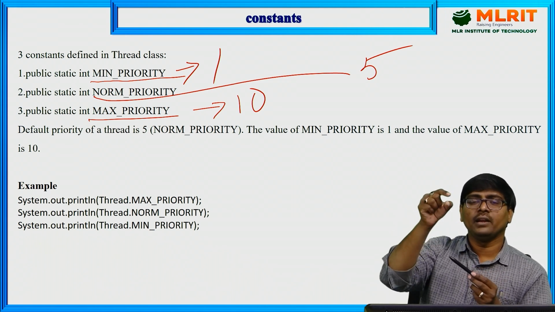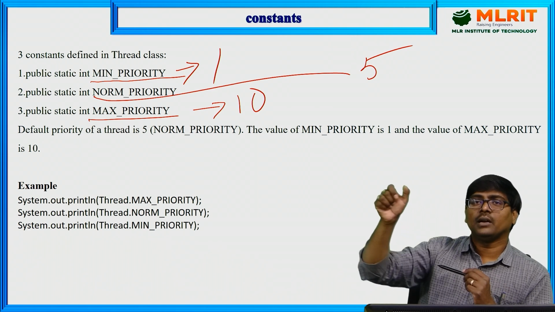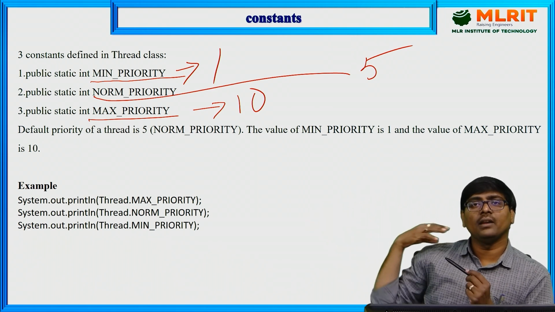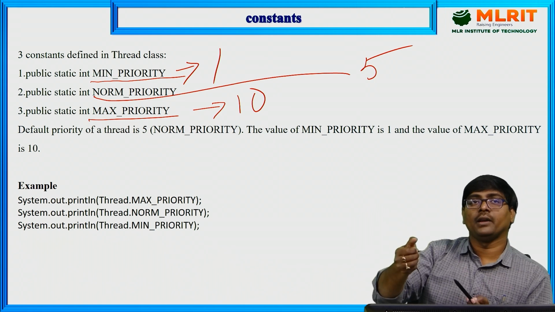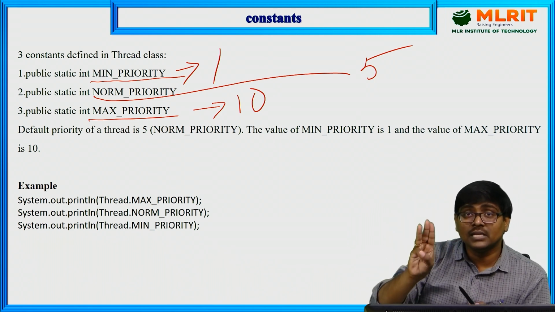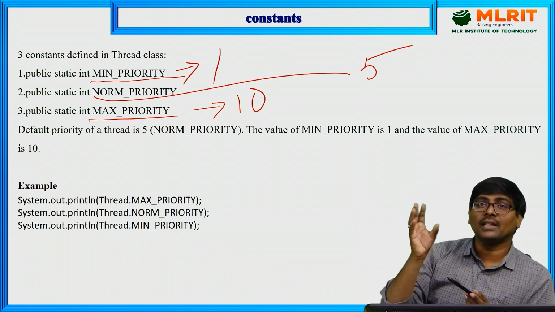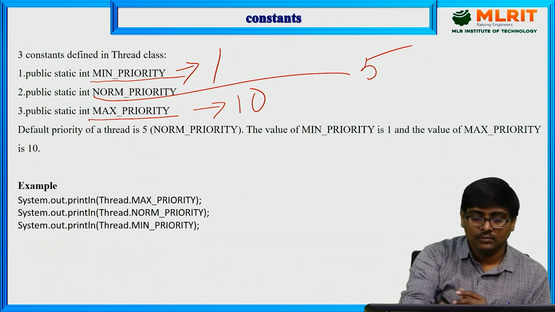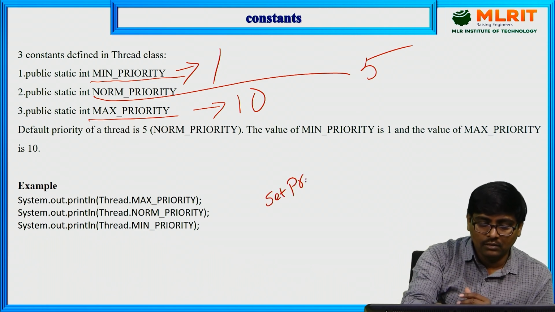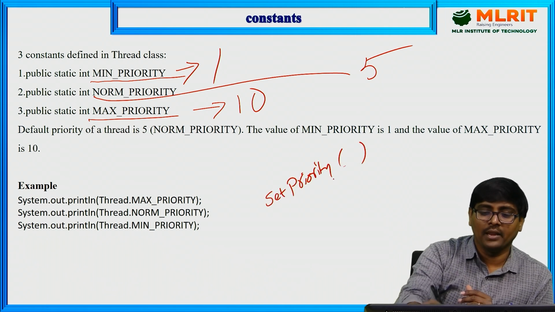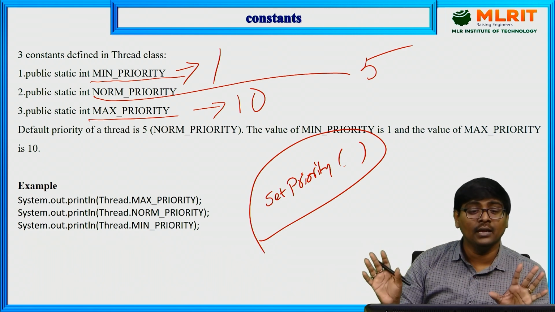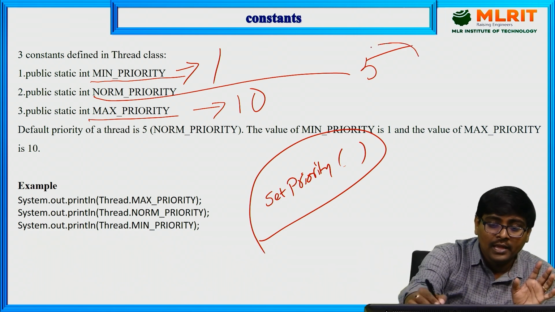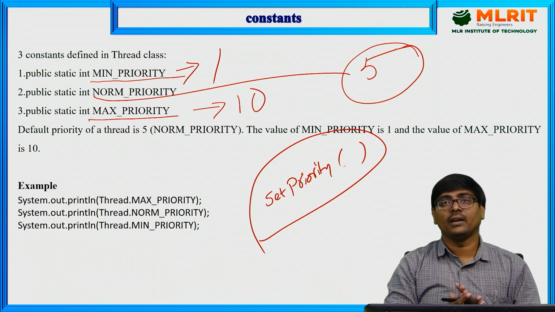Instead of directly using 10, you can use Thread.MAX_PRIORITY, and 10 is automatically assigned. Only these three are available. If you want to set a value other than 1, 5, 10, use the method setPriority, by which you can assign any priority. Clear? By default, every thread has a priority of 5.